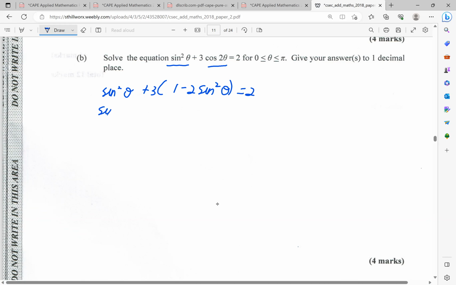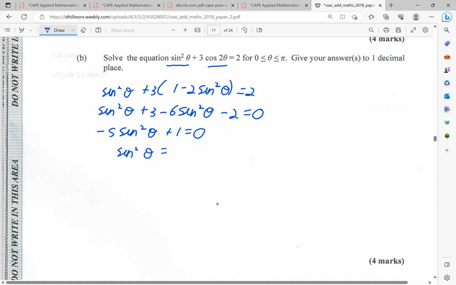So we get sine squared theta plus 3 minus 6 sine squared theta minus 2 equals to 0. So we get minus 5 sine squared theta plus 1 equals to 0. So we'll get sine squared theta is 1 over 5.